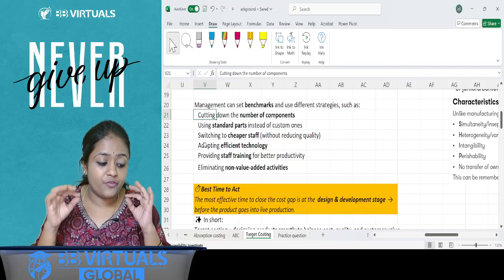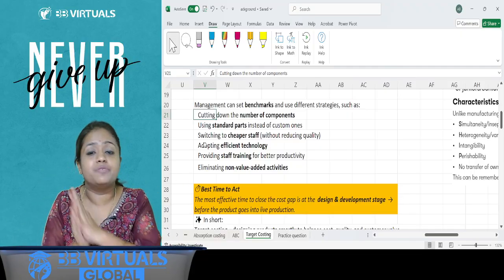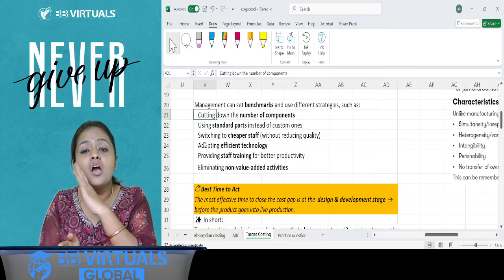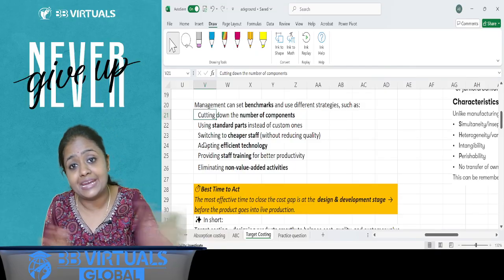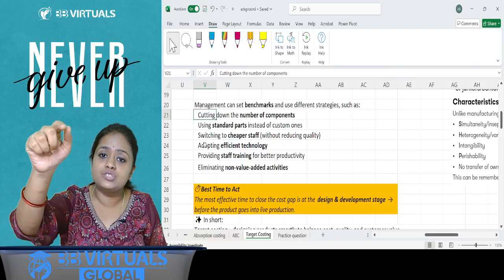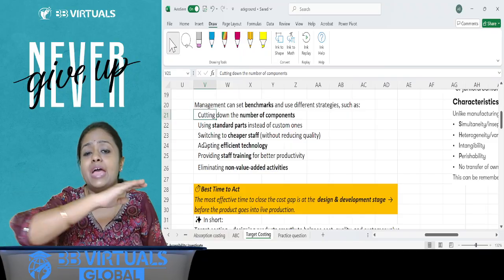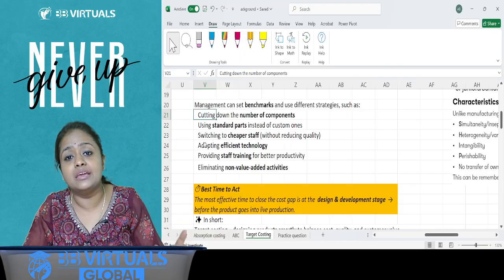So any kind of non-value added activities, those activities which are not adding any use or esteem value, should be eliminated directly. Value analysis says focus on use, focus on esteem, and eliminate all the non-value added activities that are not needed.